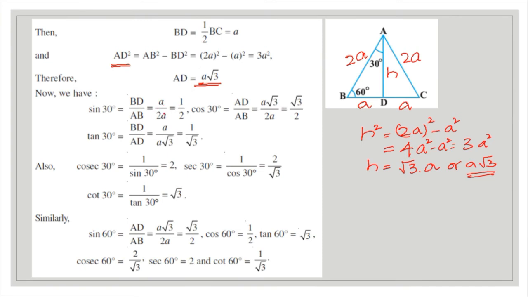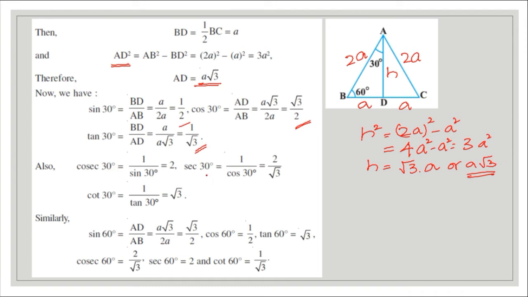So A by 2A becomes 1 by 2. Cos 30 degree is AD upon AB, which is A root 3 upon 2A. We get root 3 by 2. Tan 30 degree is BD upon AD, which is A by A root 3. We get the ratio as 1 by root 3.